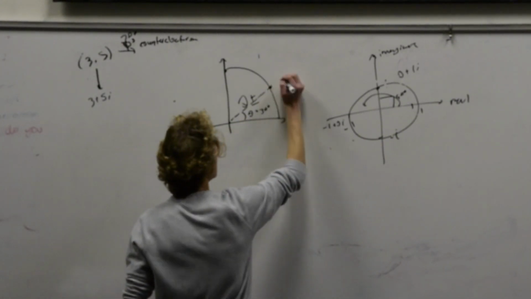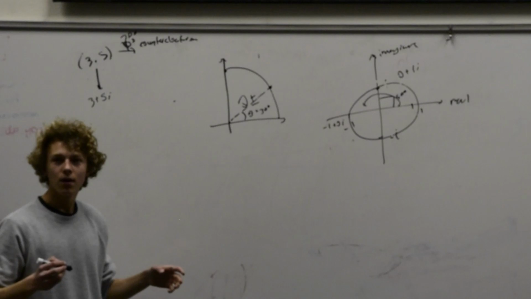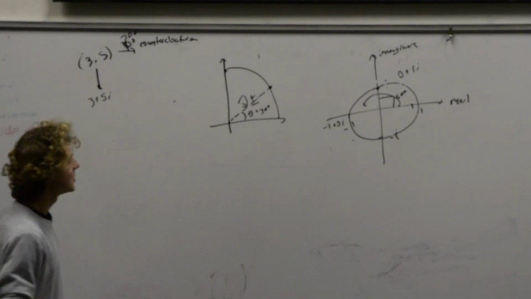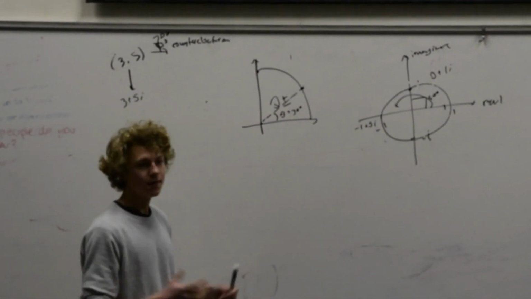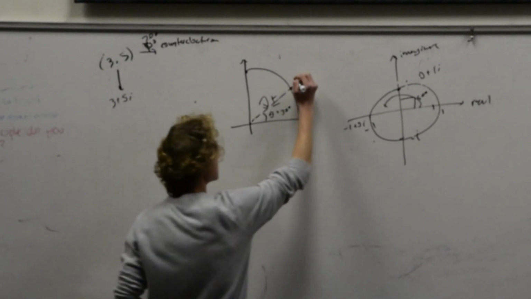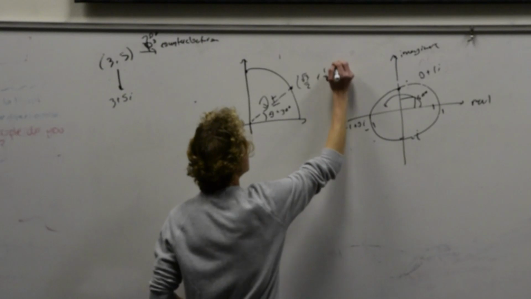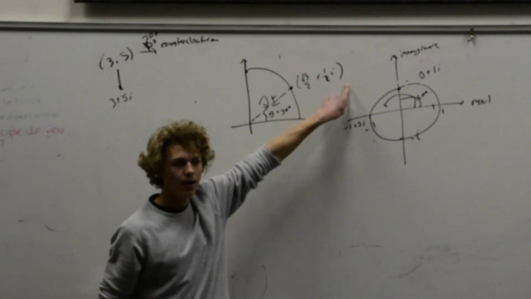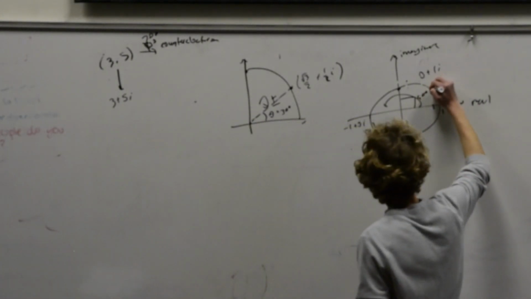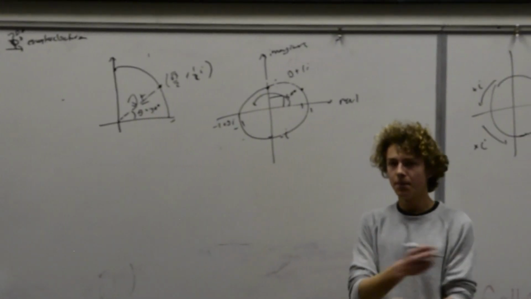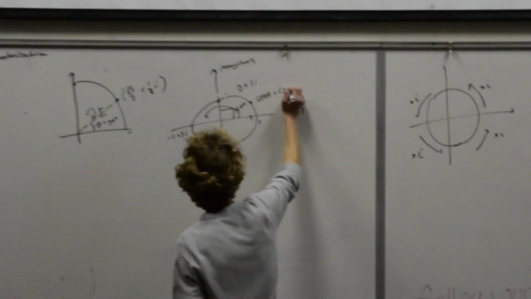And so if we just use our trigonometric identities, the cosine of 30 is √3/2, and the sine of 30 is 1/2. So this point would be √3/2 plus 1/2 i, because for any point on the unit circle, instead of saying cosine theta comma sine theta, our point would be cosine theta plus i sine theta.